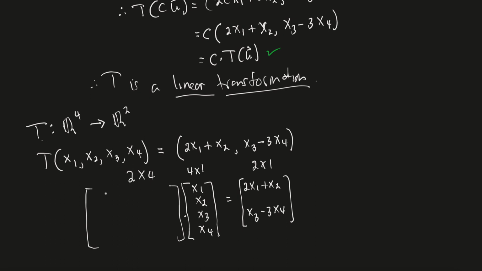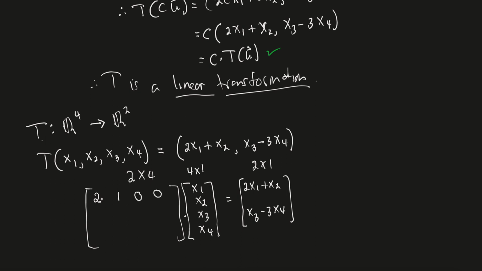So I would have to have a 2 there, right? And then I want to add 1 times x2, so I'd have to put a 1 there. And then I'm not including x3, so there's like a 0x3 and the 0x4, so I would need to put zeros there.